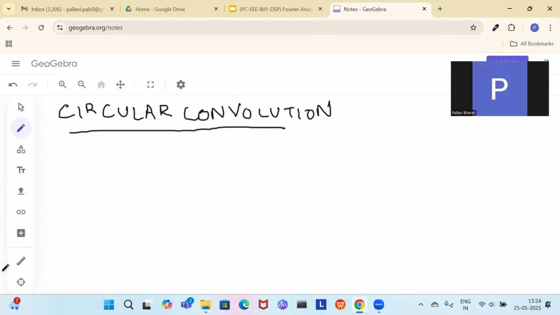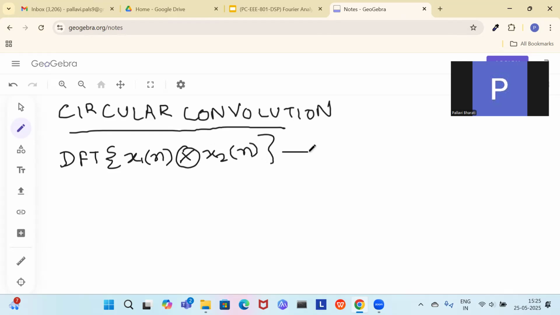So what we will be doing here is we will first write the statement. The statement says that the DFT of x1(n) convolved with x2(n) results in multiplication of their individual DFTs. So how do we write the statement for this?